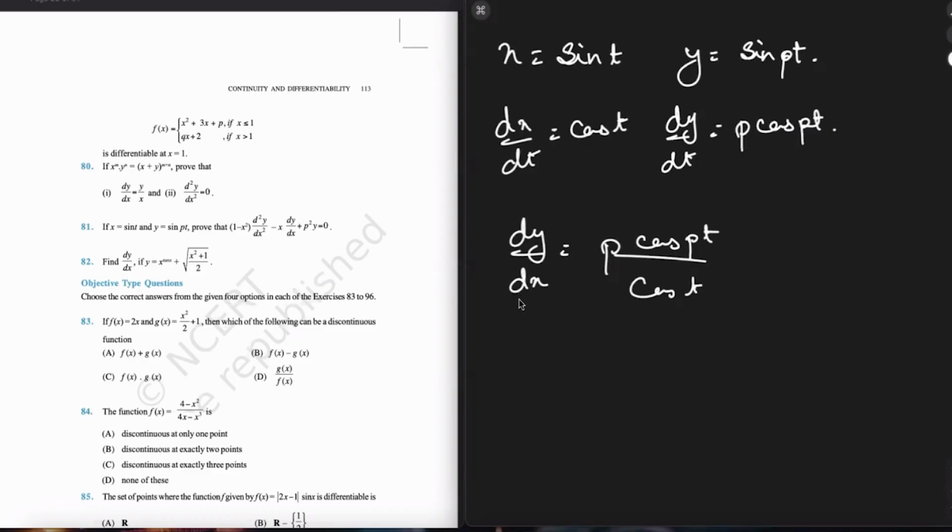And now if I try to find d2y upon dx square, it should be cos square t is equal to p square cos square pt.